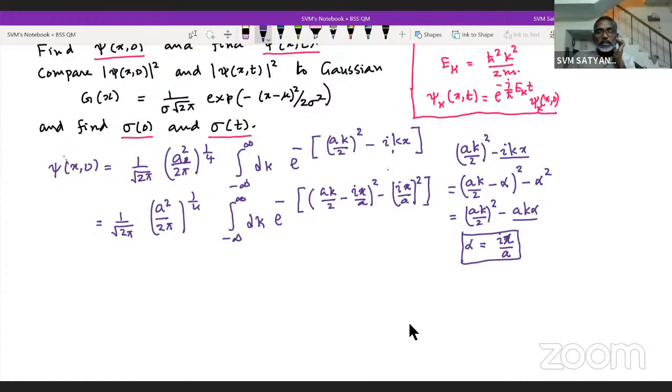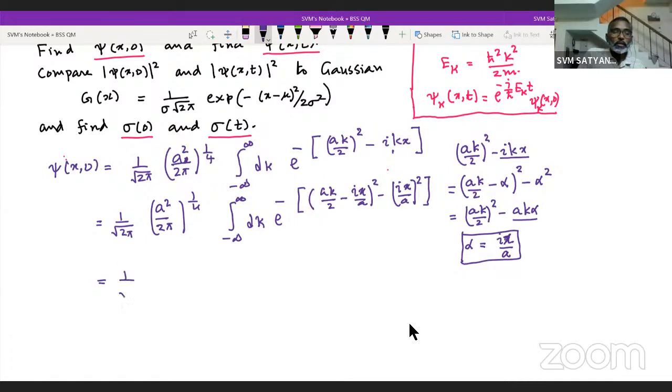Now you can see this term does not contain k, so this can be taken out of the integral. The square of i will be minus 1, minus into minus is plus, and there is already a minus sign outside. So I can remove this term and write it outside.